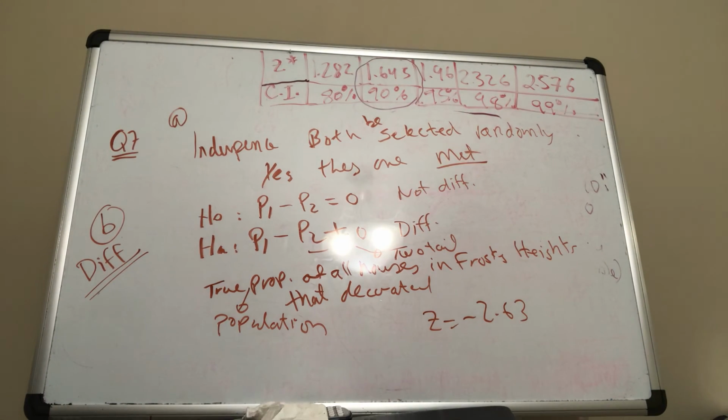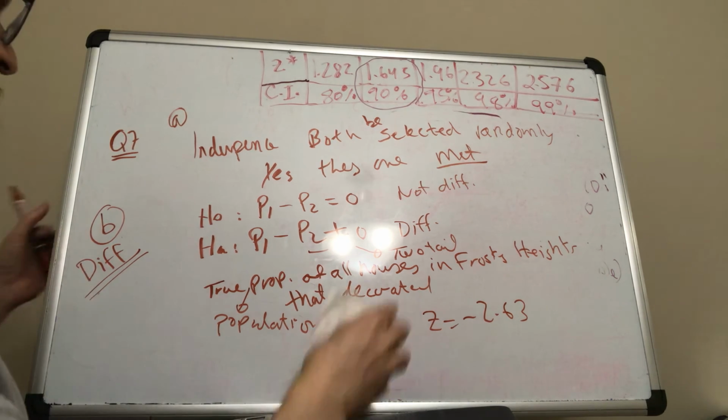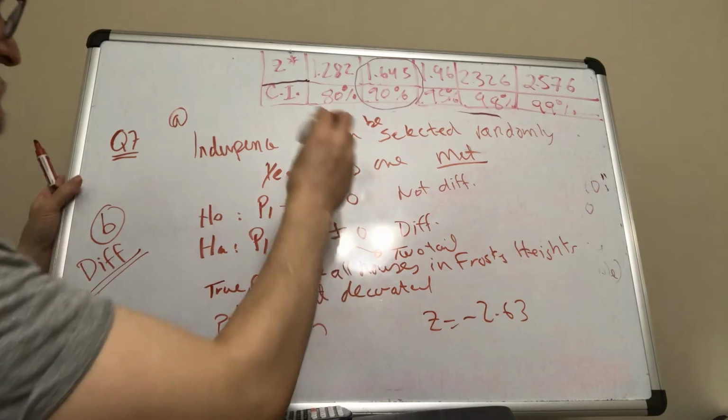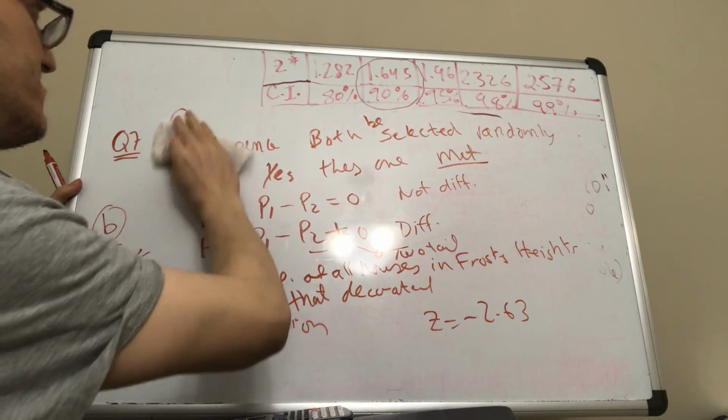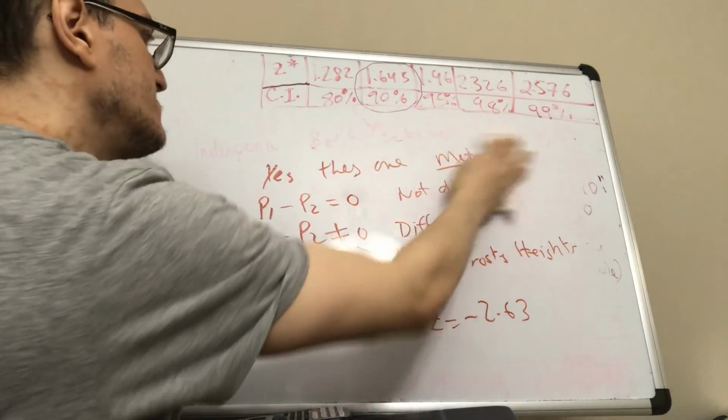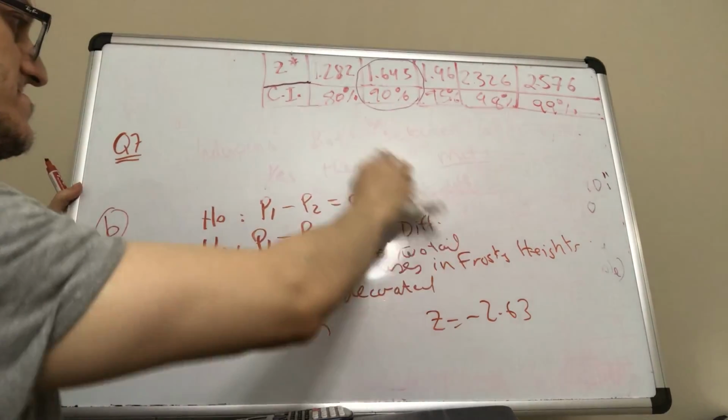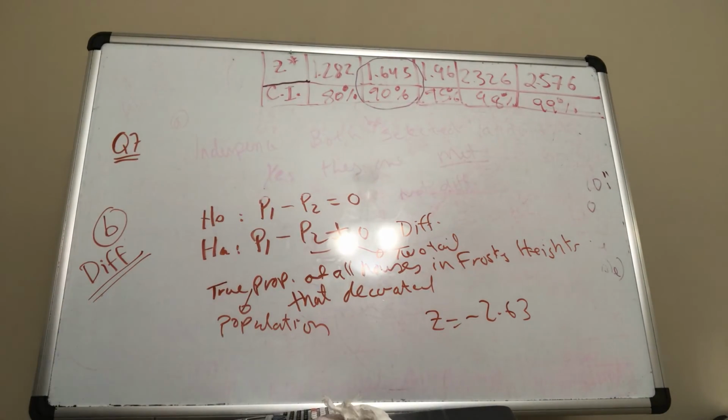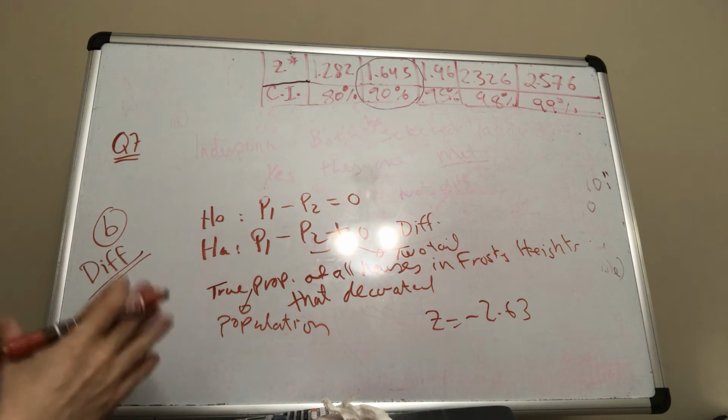Give the conclusion in context of the problem. We go back. Did they give us an alpha to do this? Did they say do it at a certain alpha? No. There was no alpha given, so we have the case of no alpha, which is the significance level.